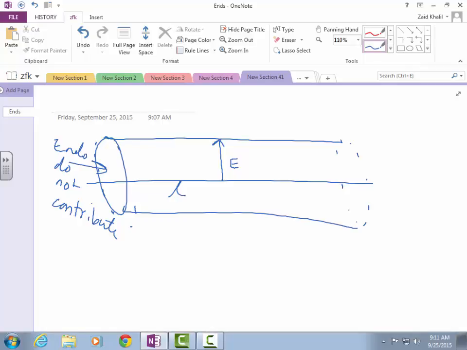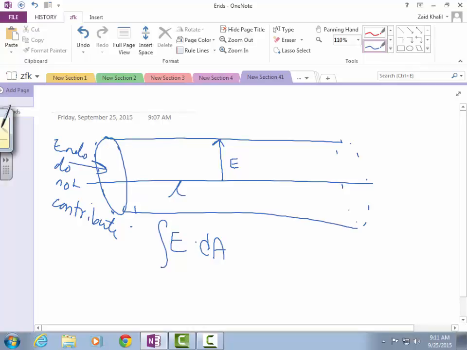So it's the integral of E dot dA. Is E uniform? Yeah. That equals Q over epsilon naught. And so what's dA? 2 pi R L. So we have E times 2 pi R L equals Q over epsilon naught.